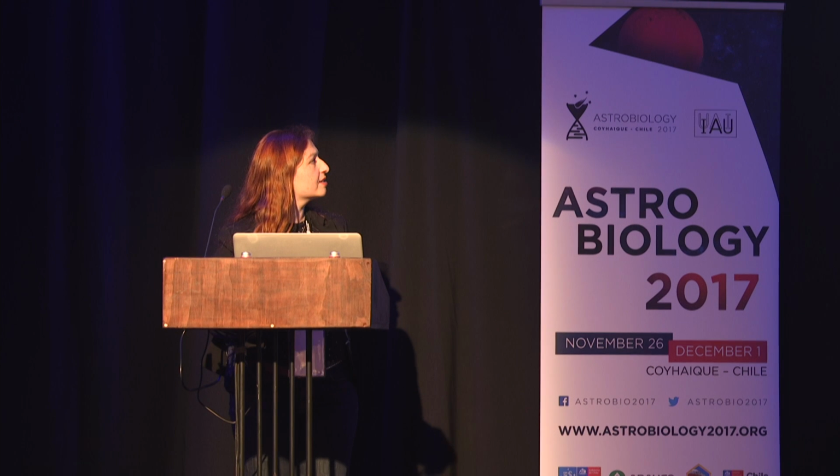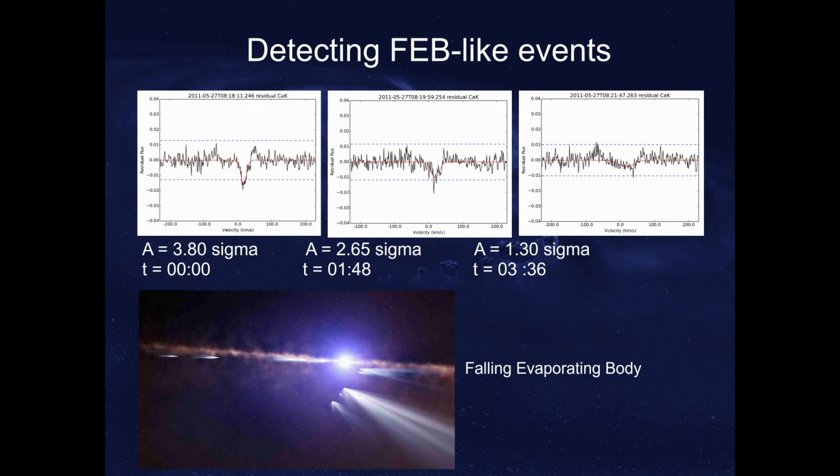And let's take a look in more detail at this object. For instance, in the first epoch, let's set the time to 0 there. After a couple of minutes, this 3.8 sigma absorption decreases, and after 3 minutes, it decreases even more, and after 4 minutes, it's completely gone. So this event lasted only about 3 minutes.